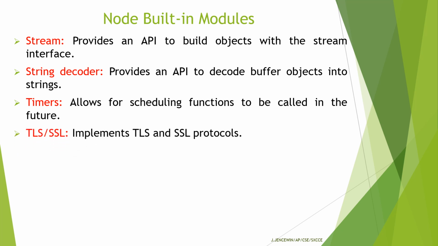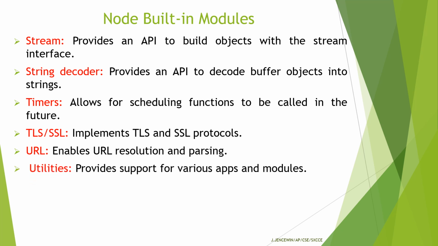TLS or SSL, this is used to implement the TLS and SSL protocols for adding security features to our HTTP. URL, this enables URL resolution and parsing. Normally on the web we find resources based on the URL, so for resolving that URL we use the URL module. Utilities, this provides different utility services. For example, deprecate, which is used to mark deprecated functions, and types, which is used to get the types object.